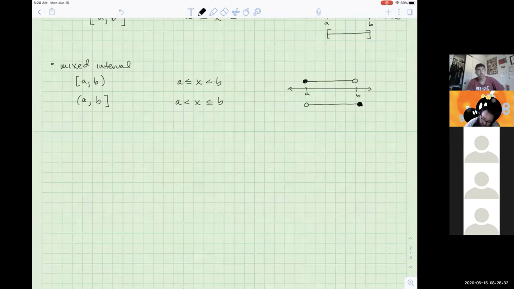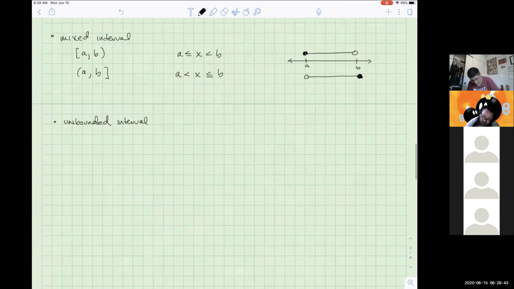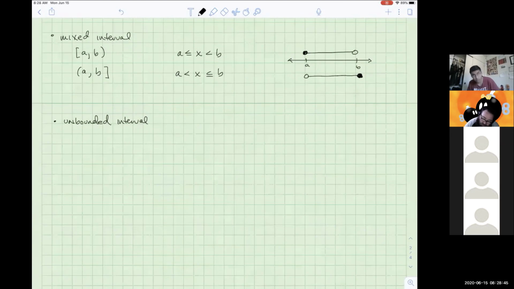The last two that I want to talk about, or I guess I should say three, are what are called unbounded intervals. And there's a few different versions of this. If you've never seen that symbol before, that's the symbol for infinity, which means unbounded.